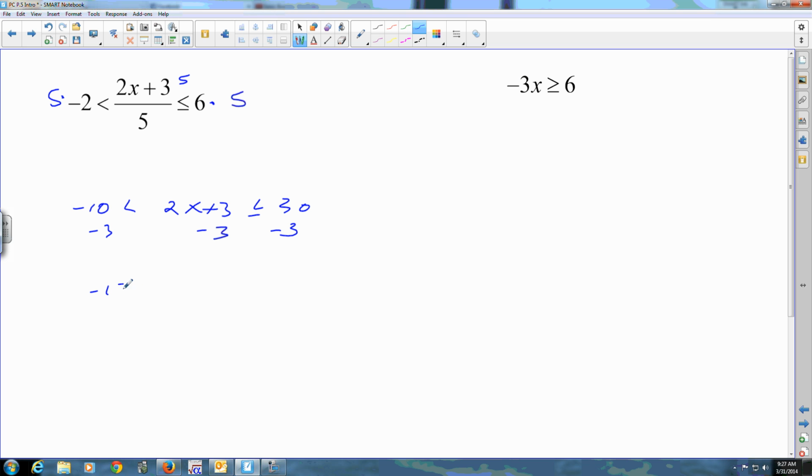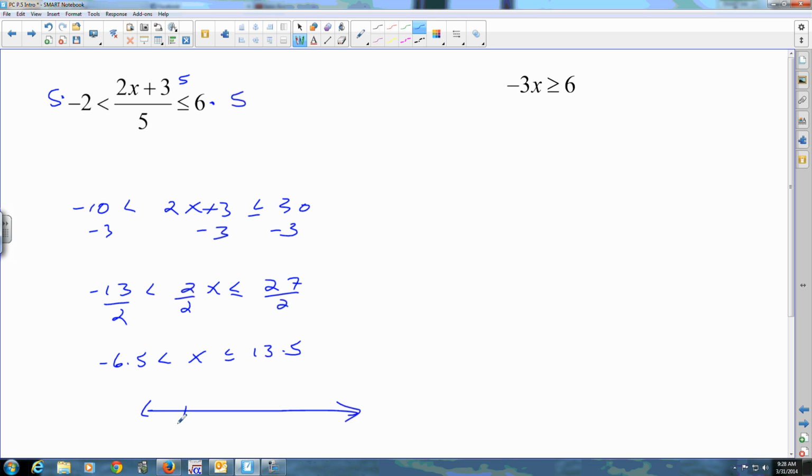So you have negative 13 less than 2x less than or equal to 27. Then divide by 2. So negative 6.5 less than x less than or equal to 13.5. And it's between, but this time one of them has an open circle and the other one has a closed one. And you shade between them.